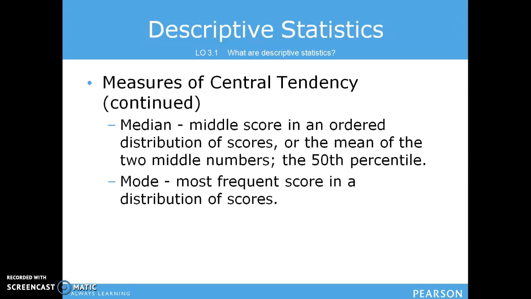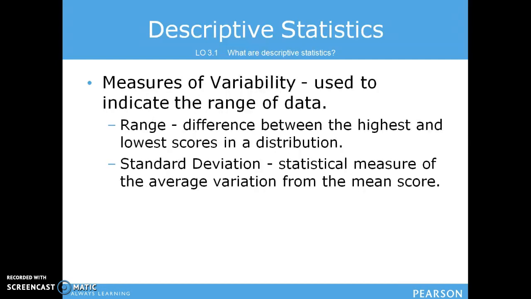Median and mode. I'll let you pause on this if you want to look at it, but it's not really too important right now. Same thing with range and standard deviation, but I will say a bit about them. When you collect data from 1,000 people, you're going to have a very low score and a very high score, and your range means the difference between your highest score and your lowest score.